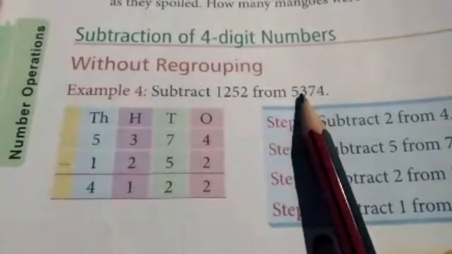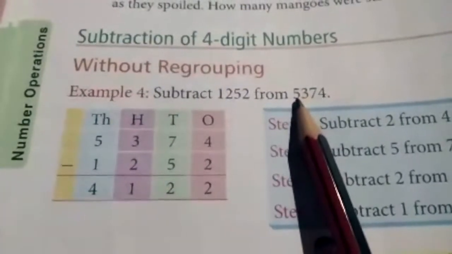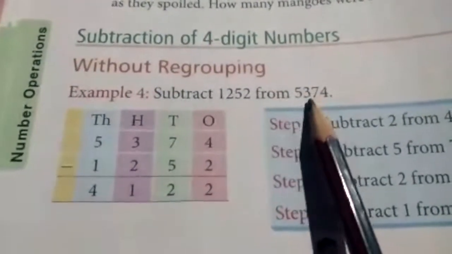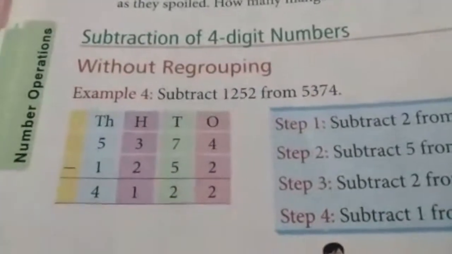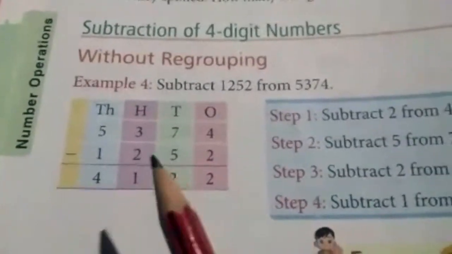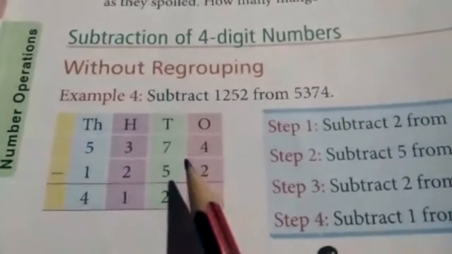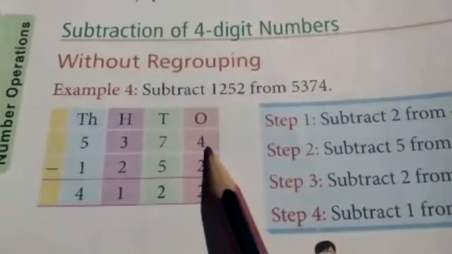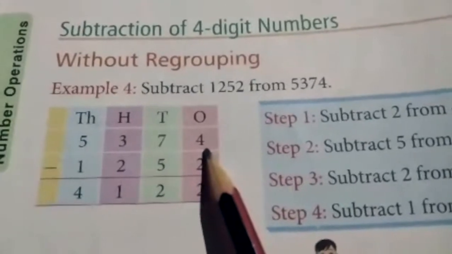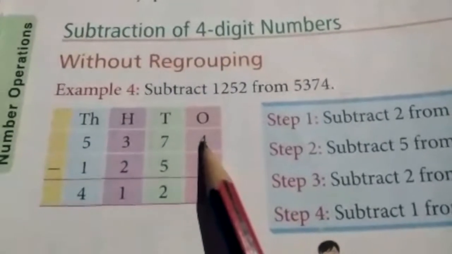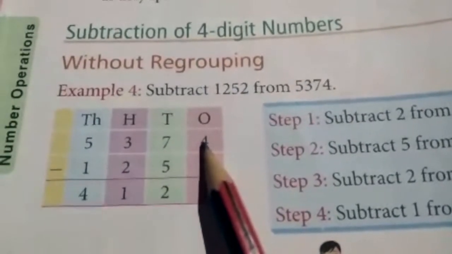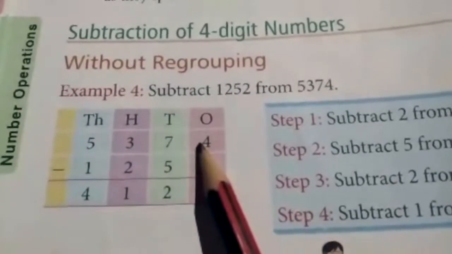Because we have to subtract from 5374, we write 5374 above, and we will subtract 1252 from that. This is very important.